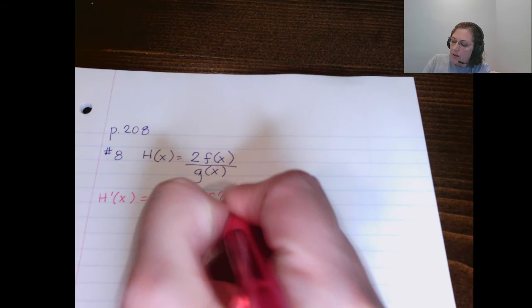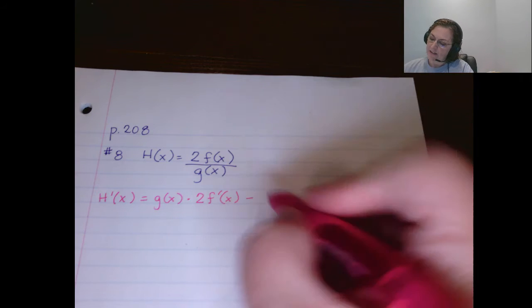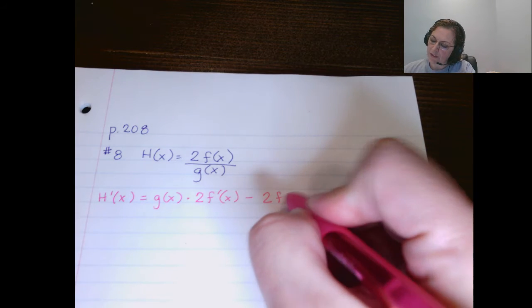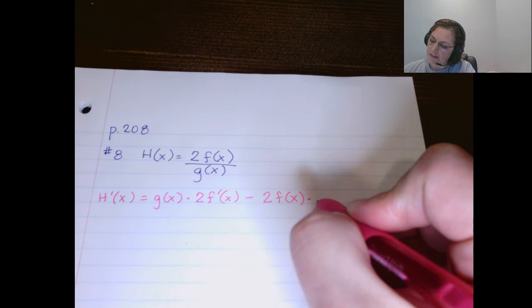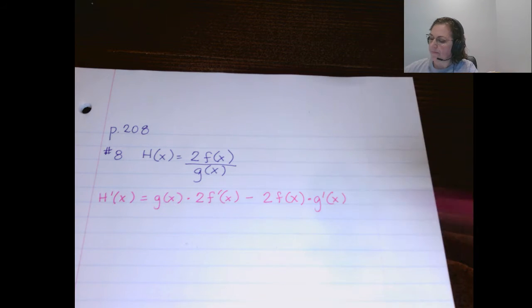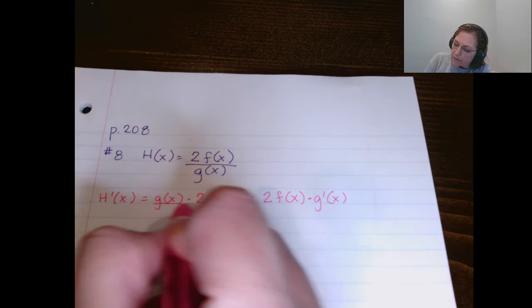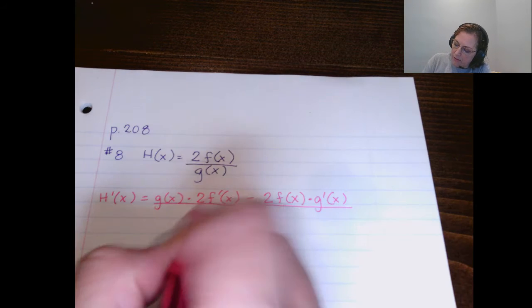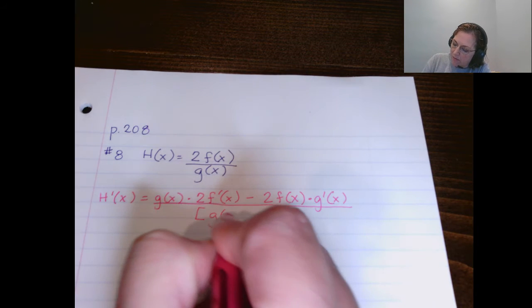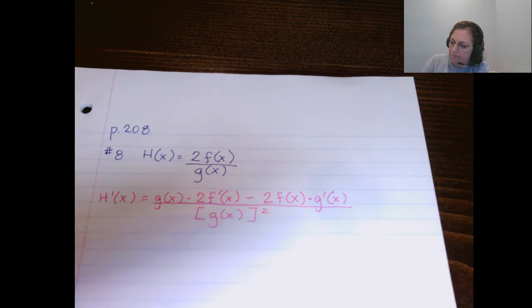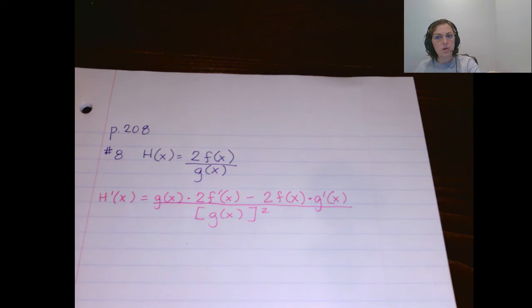So it's low, that's the function on the bottom, times the derivative of the top, d high, minus high, that's the function on the top, d low, that's the derivative of the bottom, all over low squared. So that's our quotient rule.